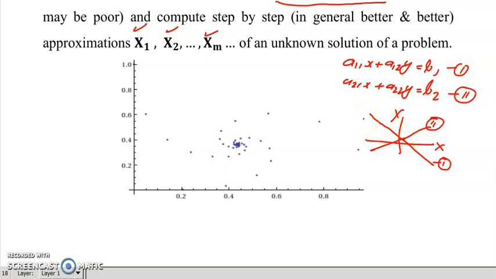Suppose we take x equals some particular value, for the initial approximation x equals 0.6 and y equals 0.4. Now we have to iterate again. Suppose we assume the first value of y like this and x like this, and then we continue this process. After some iterations we reach here, and it is the solution of our system of equations.